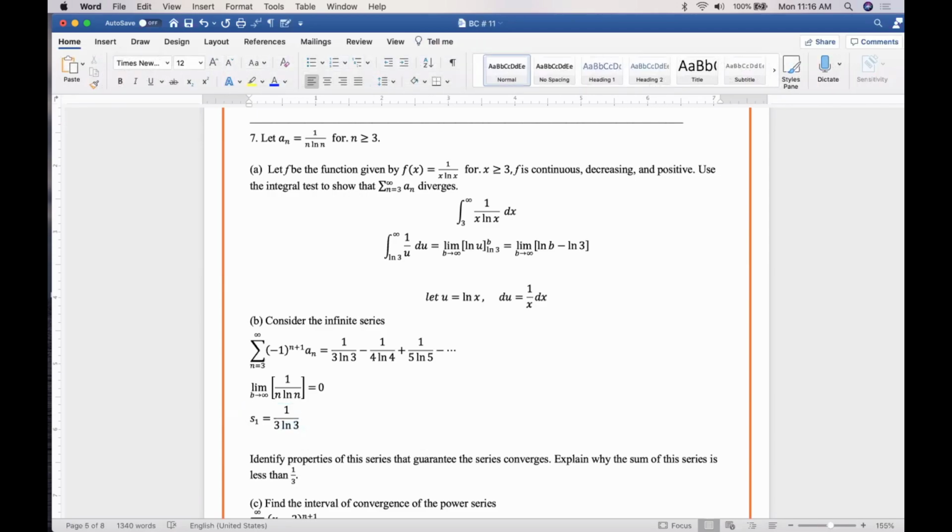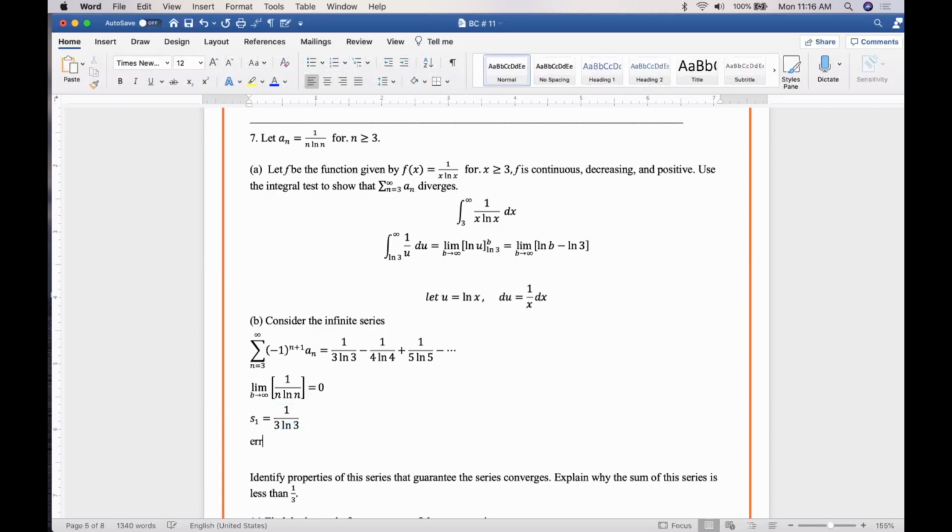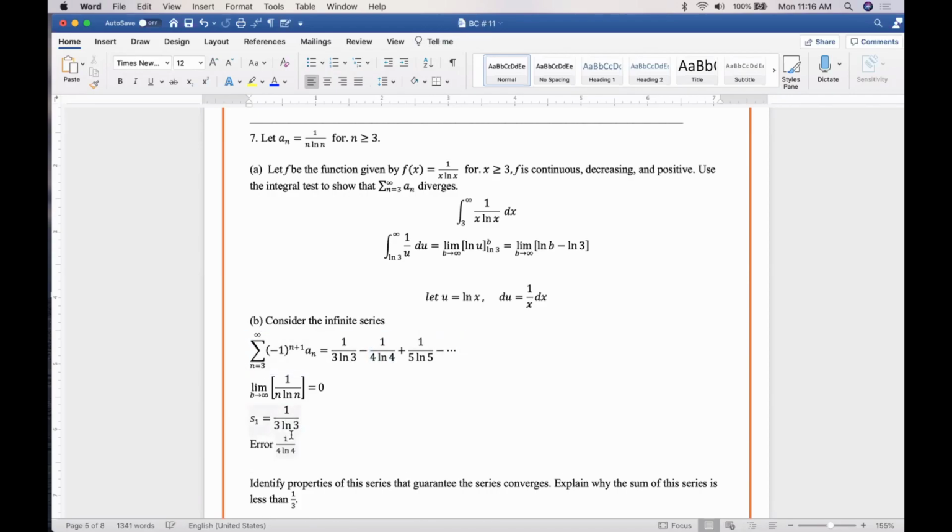And if you add only one term, what would the error be? According to the alternating series, it's the next term, right? So the next term is the alternating one. That's your error. That means, what is the maximum you can get for this function?